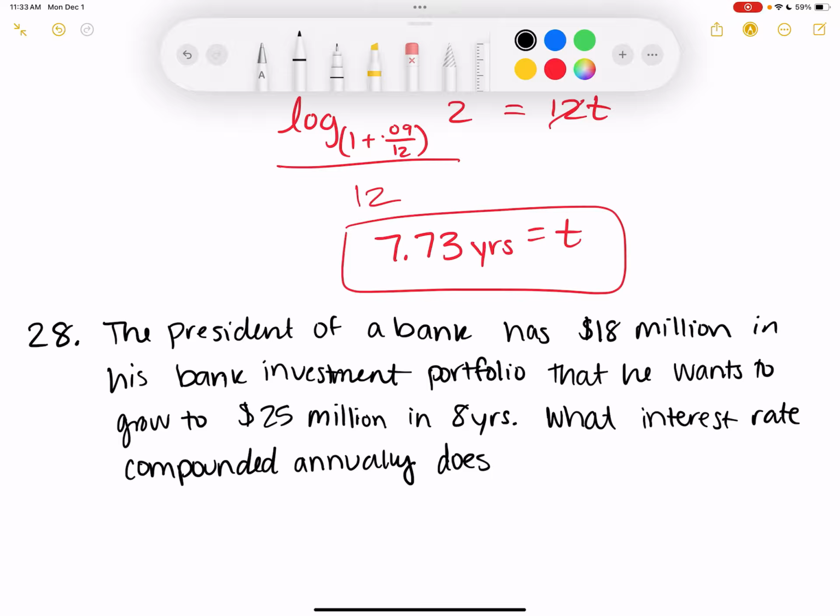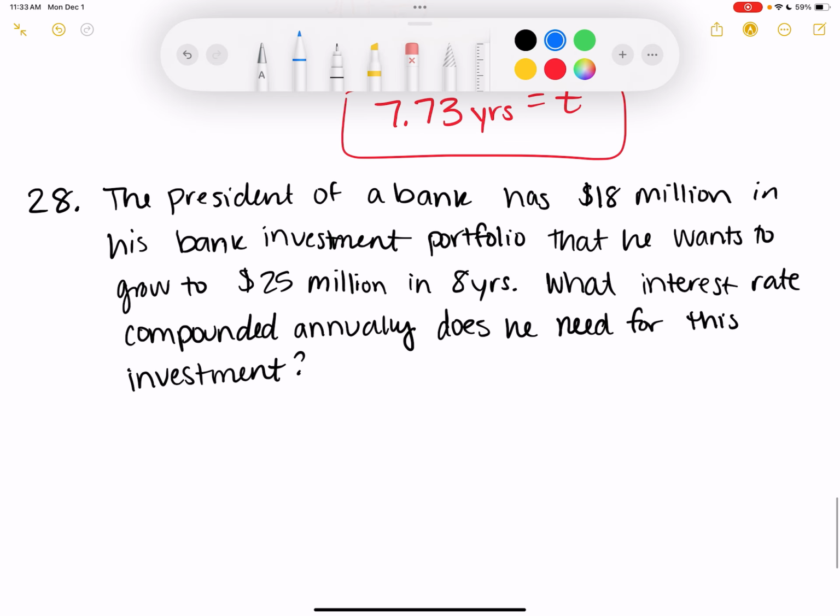What interest rate compounded annually does he need for this investment? So we'd have to solve for R. So we have to use A equals P times 1 plus R to the T. Is that the formula we're using? Yep. So that is the formula, but I want to write down everything that I know.